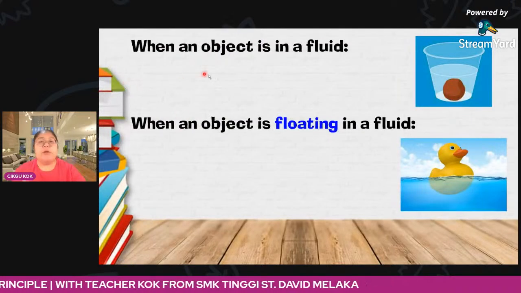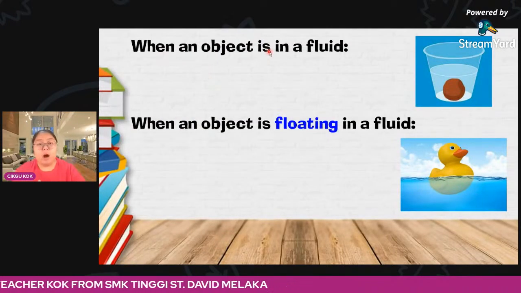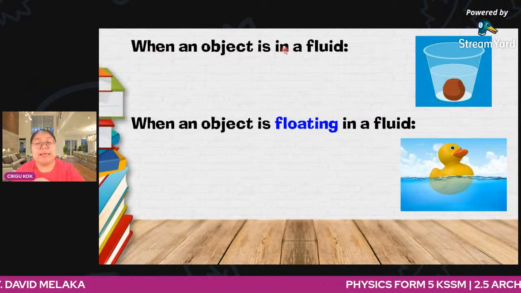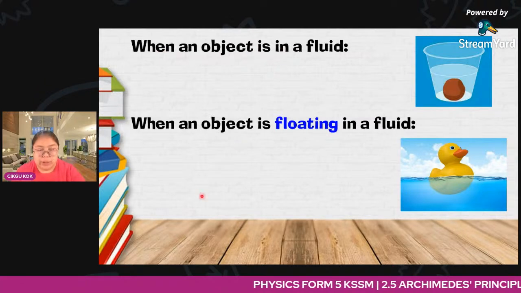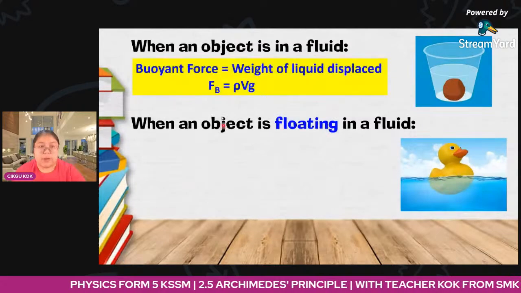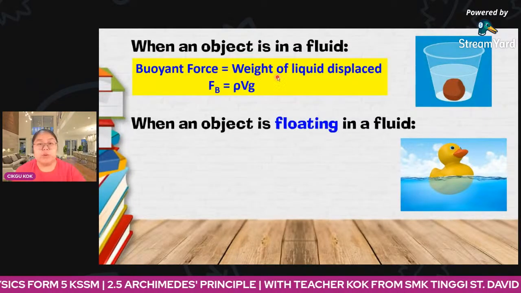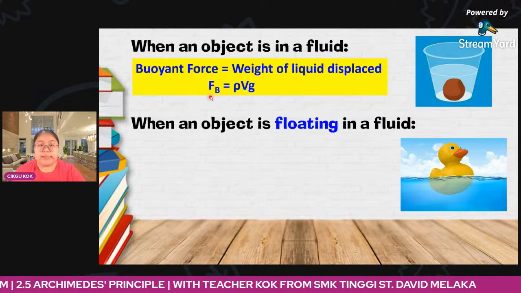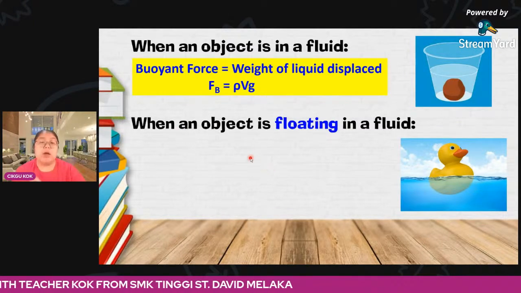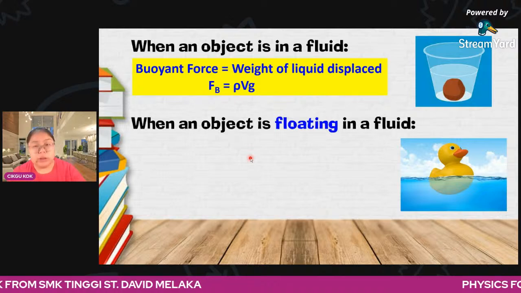Okay, so from here we can make a conclusion. When the object is in the fluid, meaning in the liquid, what equation can we create? This one is the Archimedes principle: buoyant force equals weight of liquid displaced, or you can say F_B equals V rho g. Number 2 is when the object is floating.